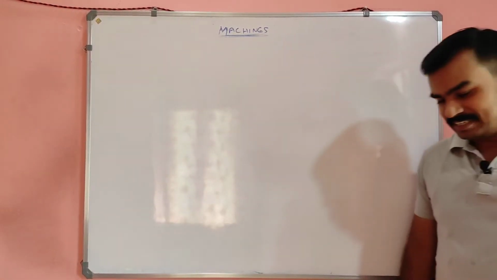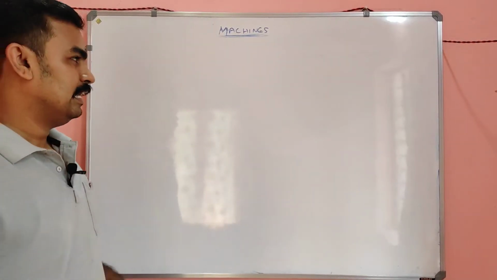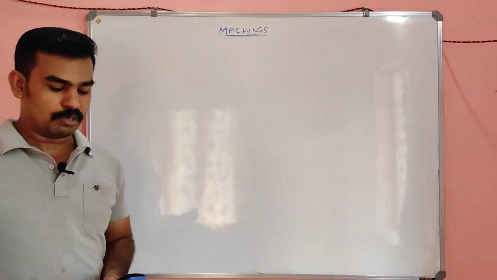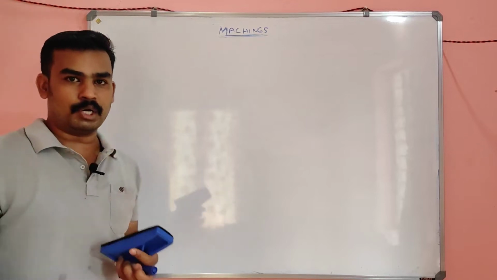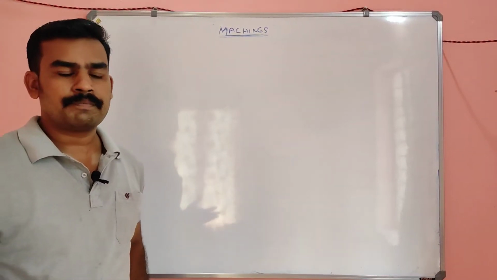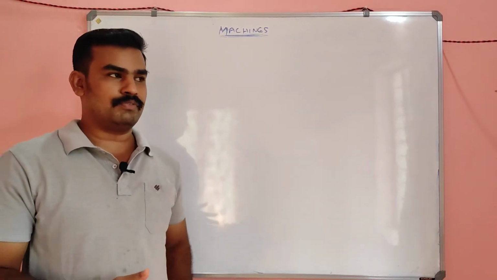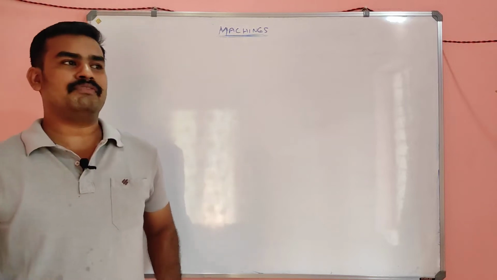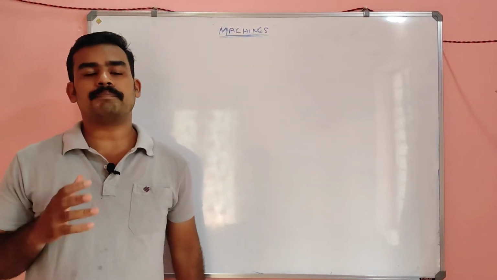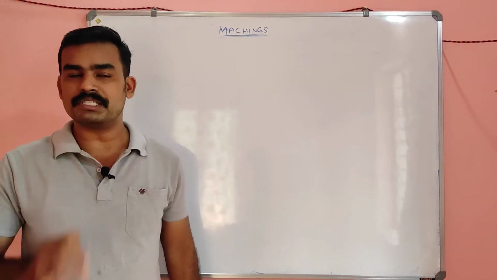So in the last class we discussed the power factor control in an alternator, right? We discussed how we can improve the power factor. Power factor control is needed when the power factor is poor, whether too much lagging or too much leading. We need a good power factor, near to unity, then only is it a very good system.